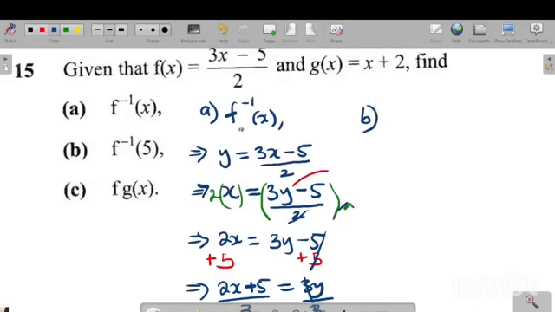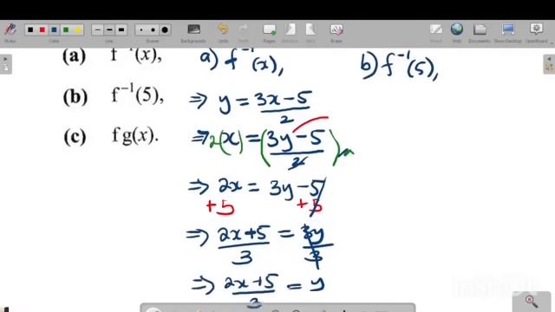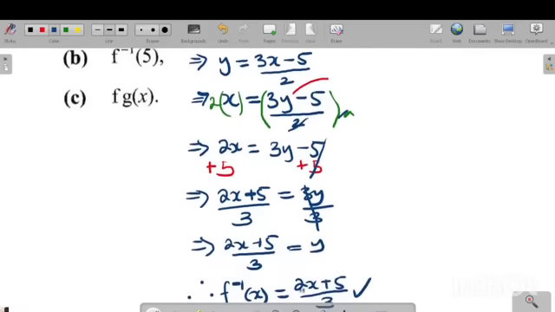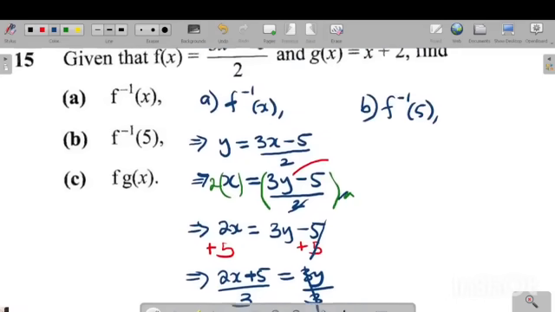Okay, part B, which is this one, they want you to find the value of f inverse of 5. Okay? Remember, the inverse of the function f, we've already found it as this one, which is 2x plus 5 over 3.